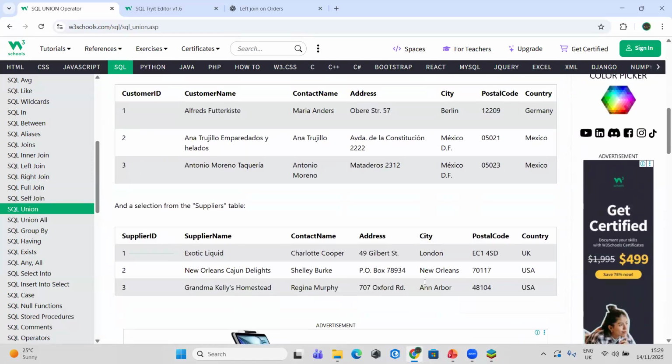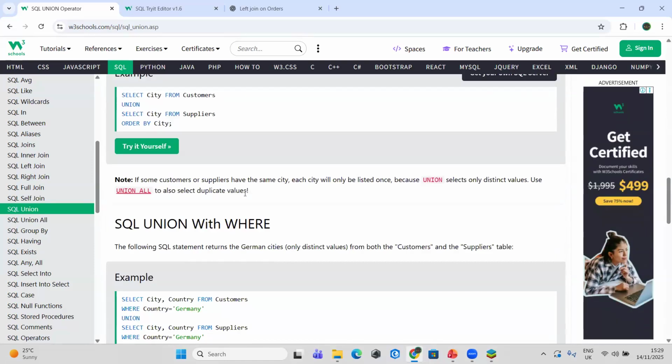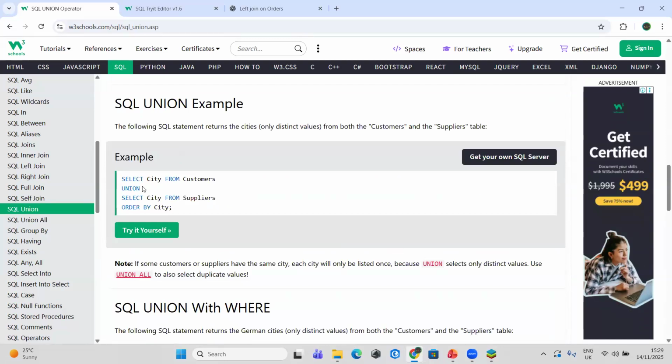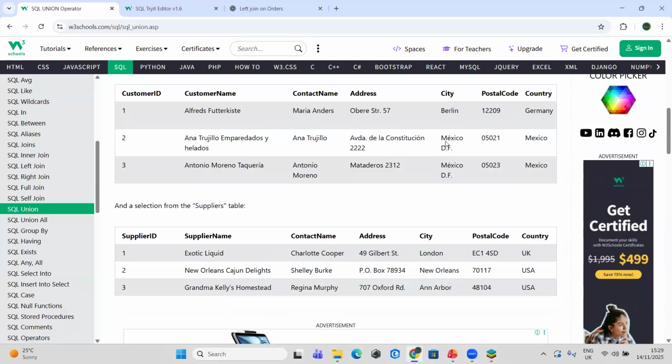Then it selects the cities from suppliers and unions them. There was no common city, but it will combine all of both cities, because we are applying the union operation.